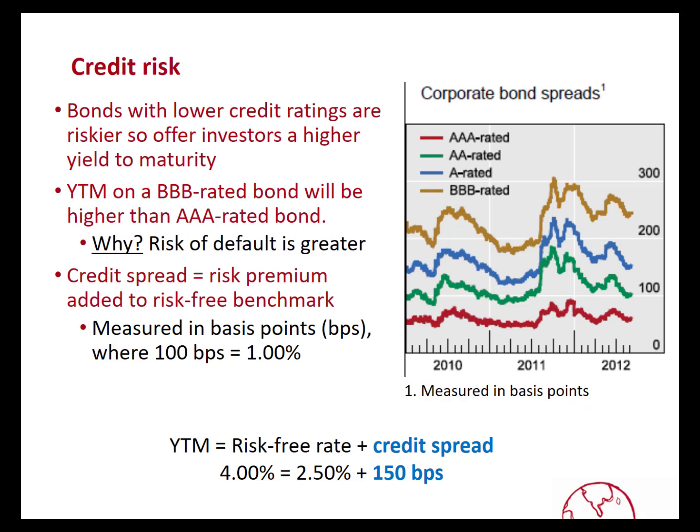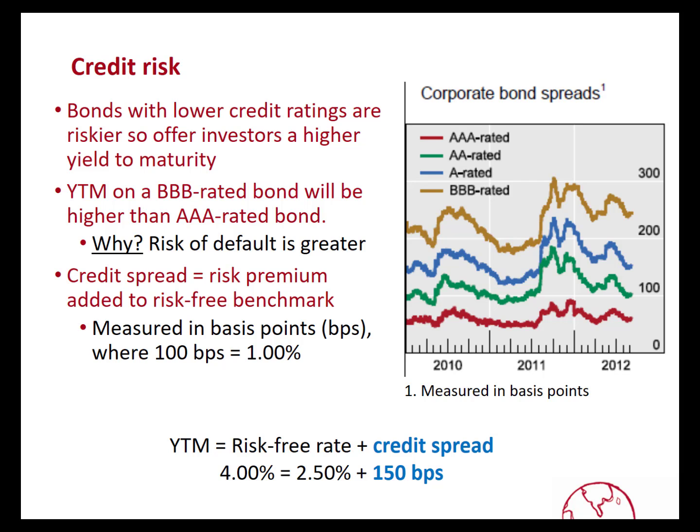These credit spreads are tracked very closely. They're used for pricing bond issues every single day for corporates with different ratings. In the chart on the right, if you were to plot the credit spread in basis points, where 1 basis point is 0.01% or 100 basis points is equal to 1%, you can see that bonds that have a lower credit rating, such as BBB, have to pay a higher premium or a larger credit spread over bonds that are rated AAA.